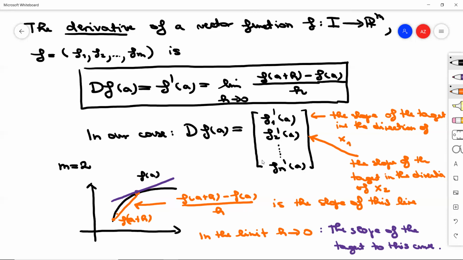So what we get for the derivative is a vector in which every component tells us the slope of the tangent in the direction of this component.